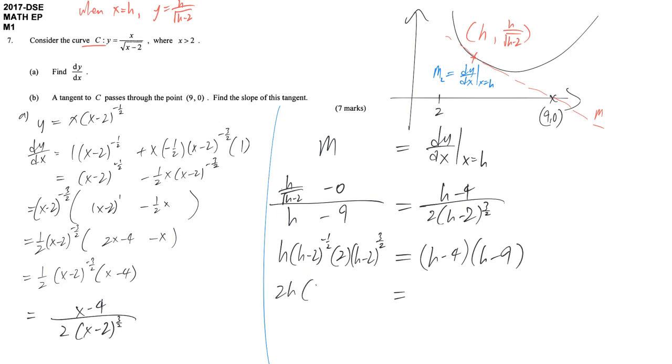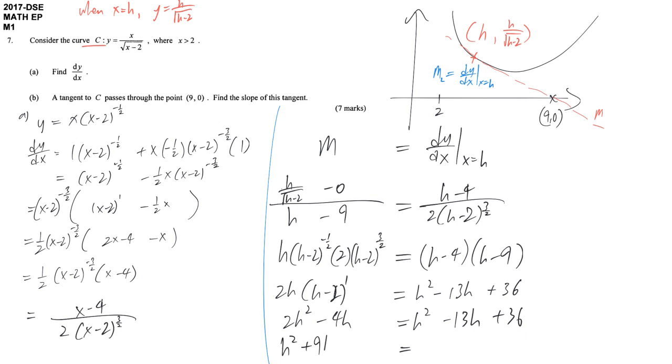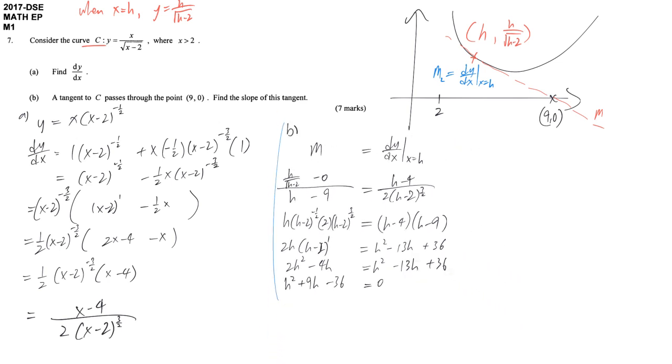So this becomes 2h (h minus 2) to the power of 1. h squared minus 4h, h squared minus 13h plus 36. It becomes a standard quadratic equation that we know how to solve. (h plus 12) and also (h minus 3) equal to 0. So we have h equal to negative 12 or h equal to 3.